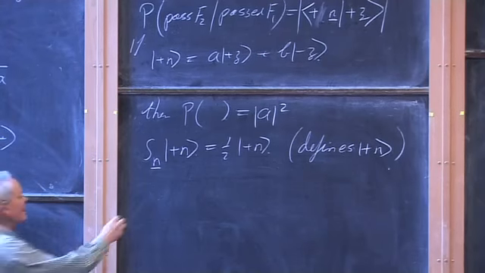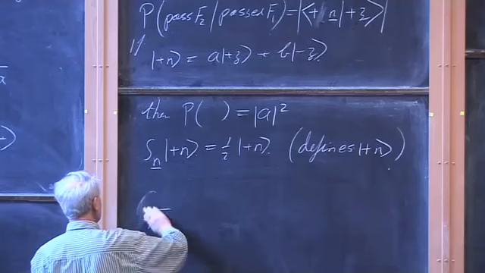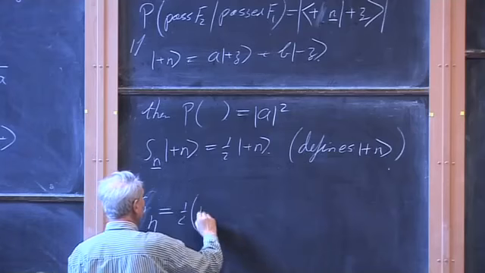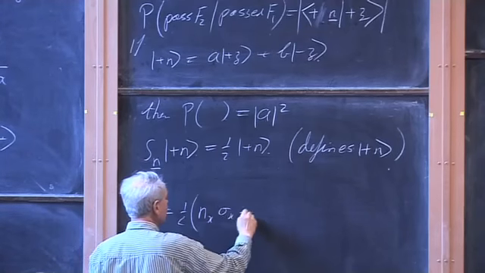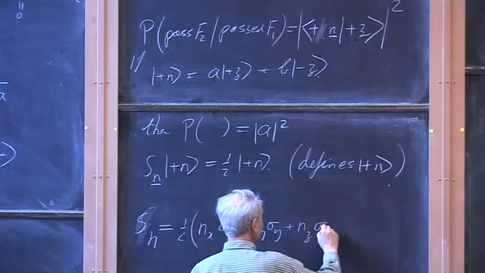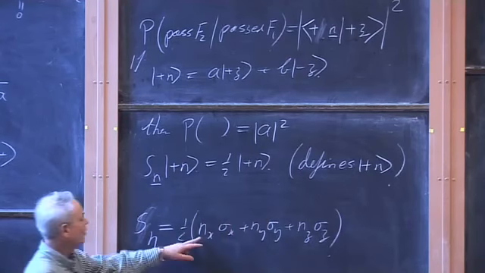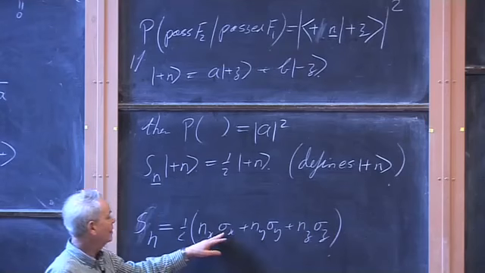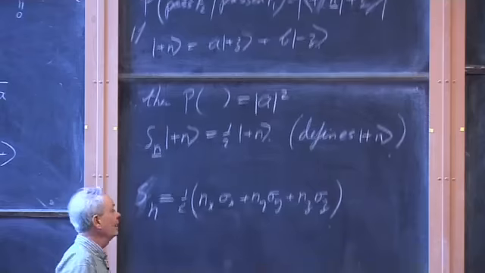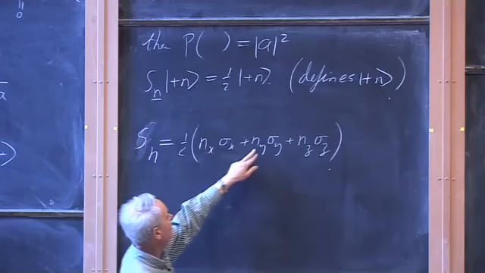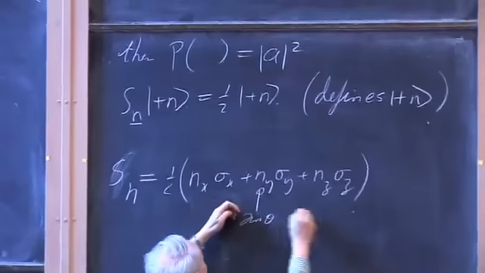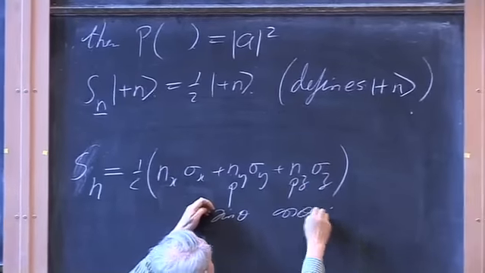Find it, because what is Sn? Sn is equal to a half of nx sigma x plus ny sigma y plus nz sigma z. Sort of a dot product between the unit vector n and the vector made up of the three Pauli matrices. Well, nx is 0, so basically we've got an ny we agreed was going to be sine theta, and nz we agreed was going to be cos theta.